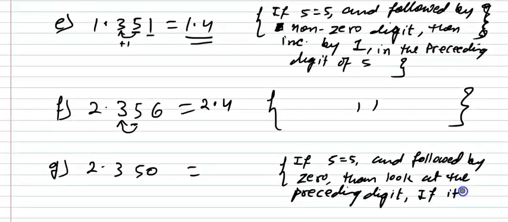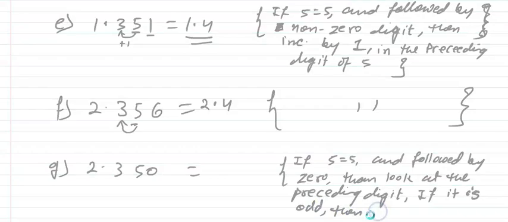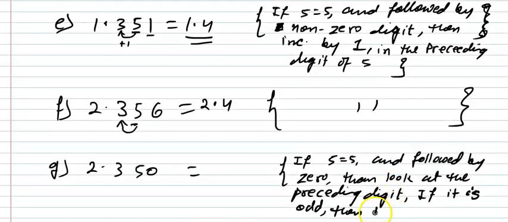So we can write over it, if it is odd, then increase by 1. This is the rule for the numbers having 0 after the 5.